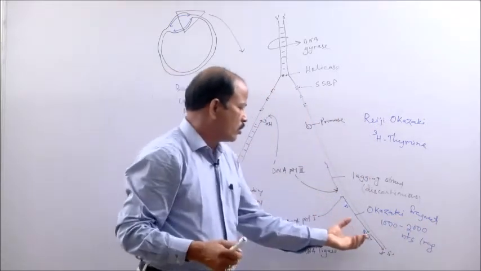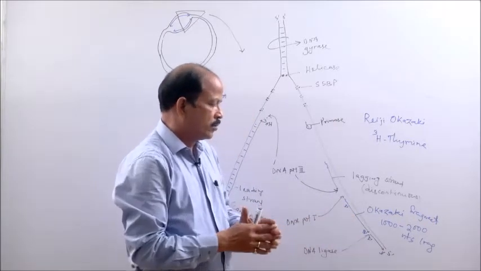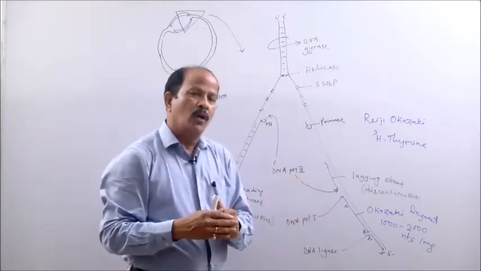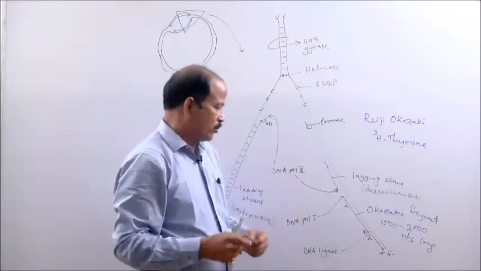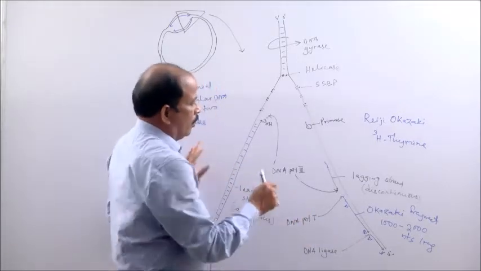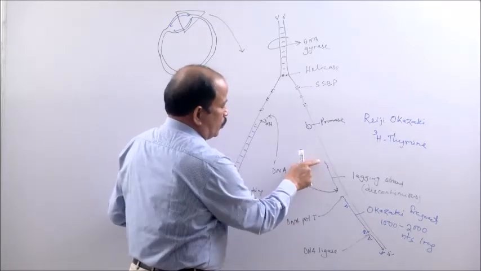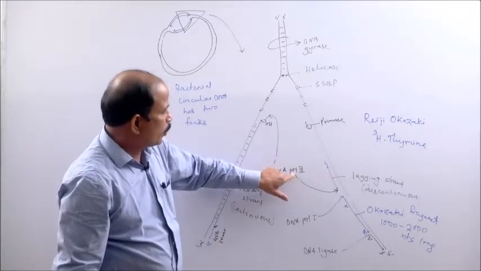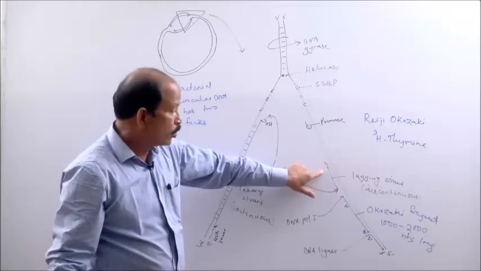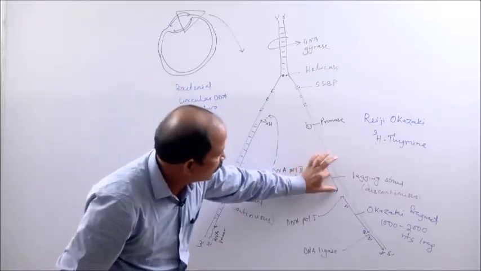So now these discontinuous strands, because it has a lot of complications, let us look at how this can be made continuous. Now this is a primer. To this primer, this polymerase goes on adding the nucleotides, making it a DNA strand.